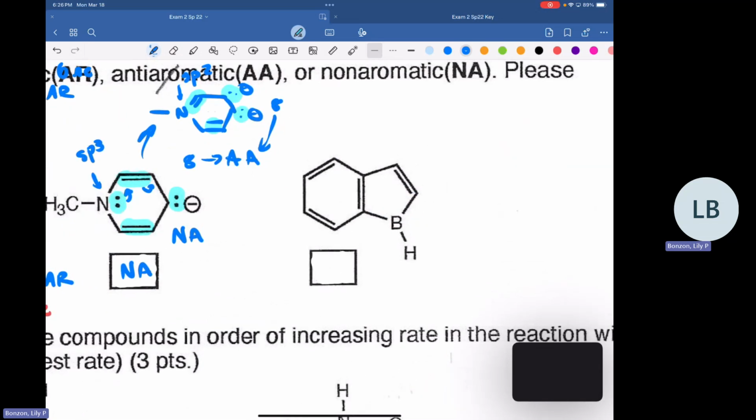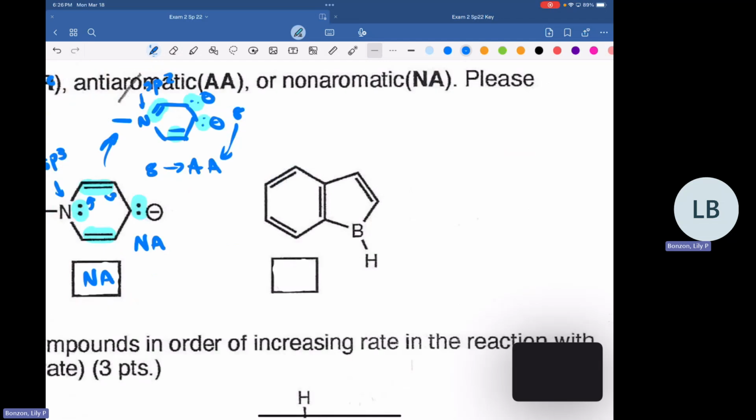All right, for this last one, this is another little thing that you should probably remember. For boron, boron is weird, and it is fine just having 6 electrons, so 3 bonds. So even though it's got all single bonds, it's actually going to be an sp2 atom because it's got 3 regions and it's satisfied just having 6 electrons.